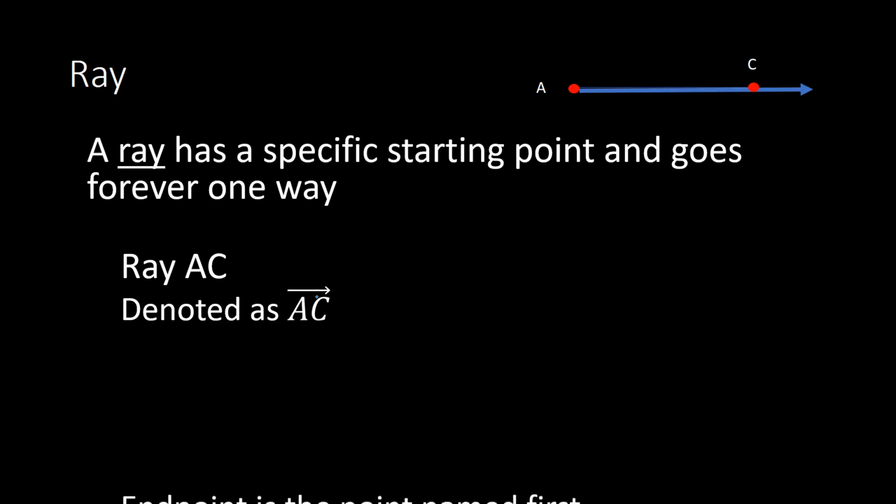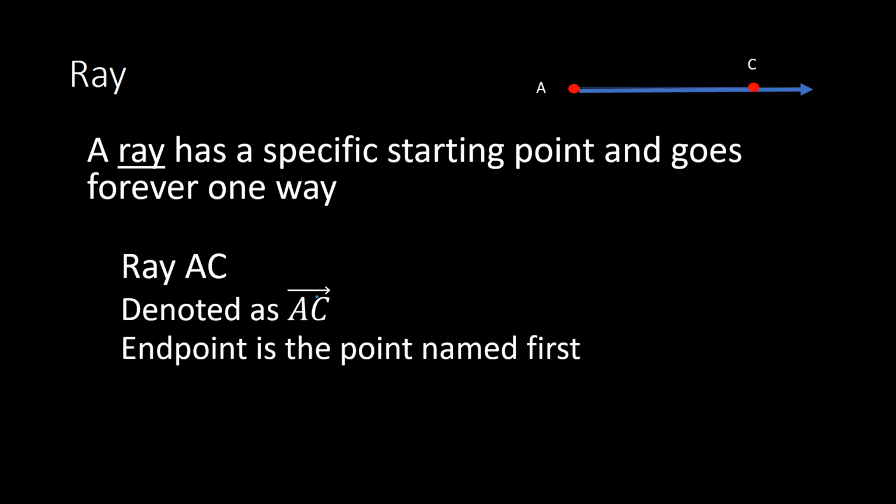And as we said, the endpoint is going to be the point that is named first. So the A would come first because that is where it starts. That would be different than writing ray CA, because CA would imply that C is where it begins and A is the other point that it goes through. Okay, so if it was going to be CA, it would be turned around the other way.